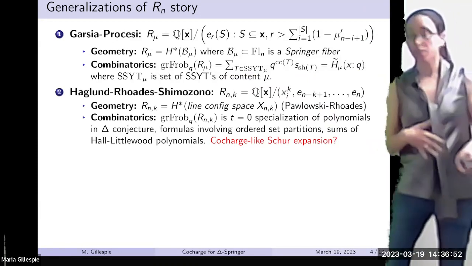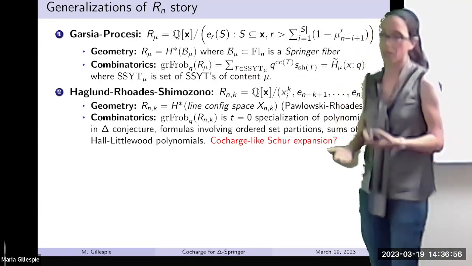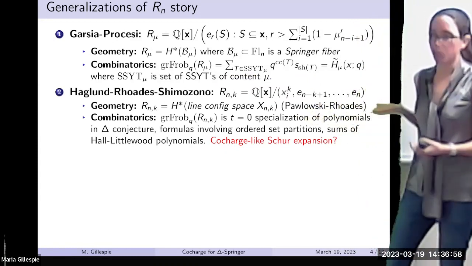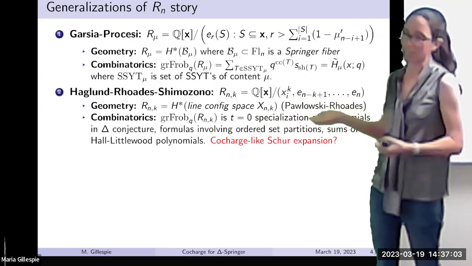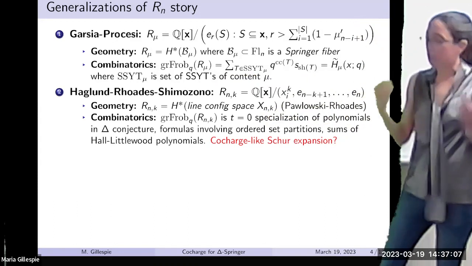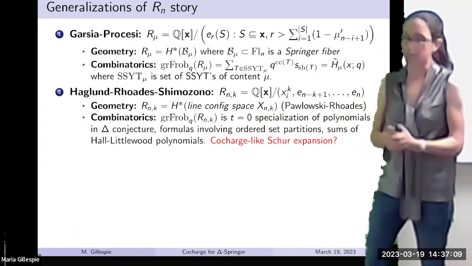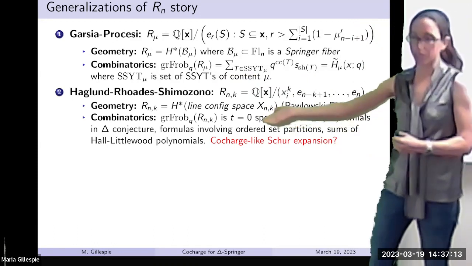There's another generalization in a different direction by Haglund, Rhoades, and Shimozono. The modules R n,k, where you mod out by some of the elementary symmetric functions, the ones of degree bigger than n minus k, and also the kth powers of every variable. This is also still invariant under the action of Sn. It still has a graded Sn module structure, and it has a lot of different connections to geometry.